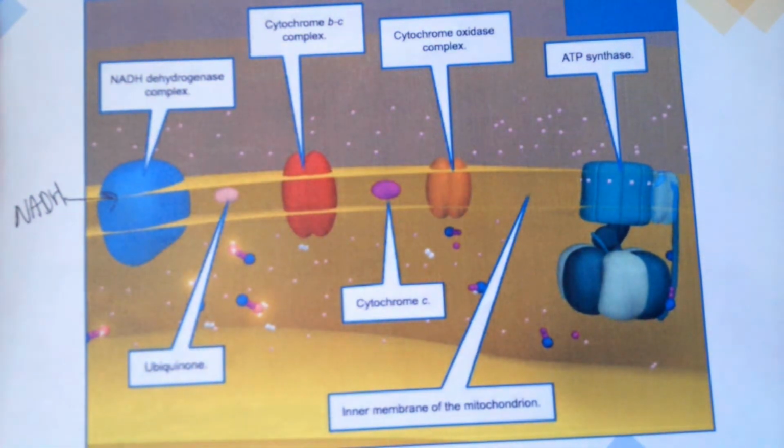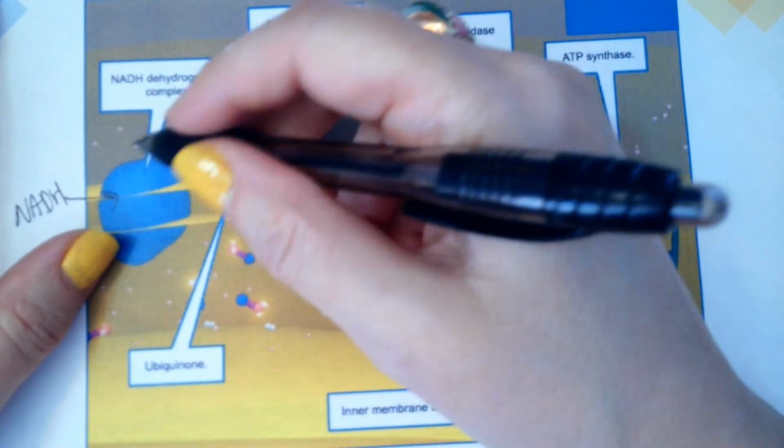So NADH is sending its electron, or it's having its electron pulled off of it in this complex. That electron then, we'll just follow the electron to the red color.